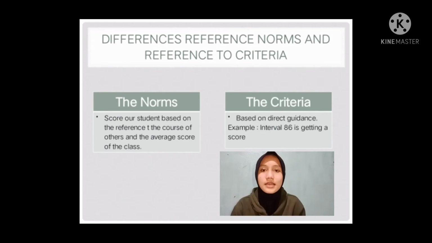Okay, the next is norm reference tests are used for purposes of selection and grouping. Then, in norm reference tests, non-discriminative items, such as items that are too easy, too difficult, or ambiguous, are removed or improved. Hence, sampling of test items is allowed and utilized.